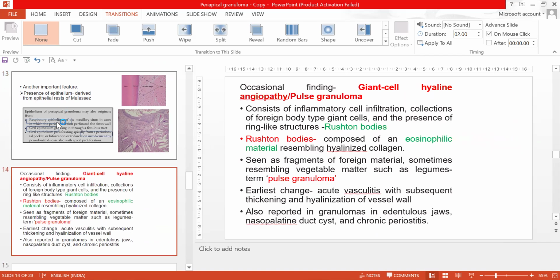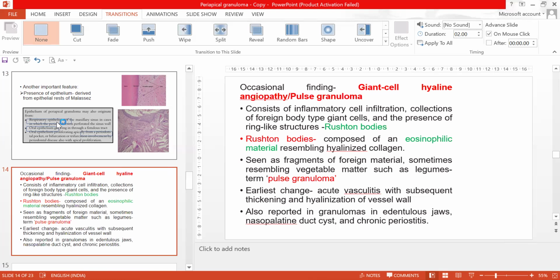An occasional finding in some granulomas is the presence of a pulse granuloma, which consists of inflammatory cell infiltration, collections of foreign body type giant cells, and the presence of ring-like structures called Rushton bodies.